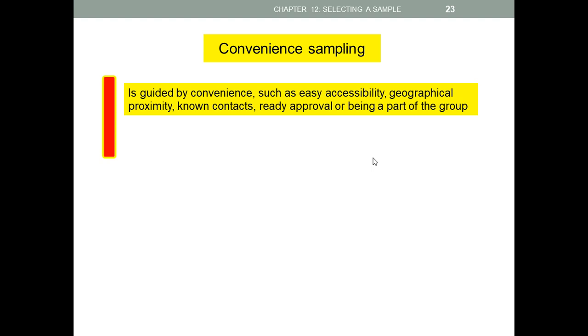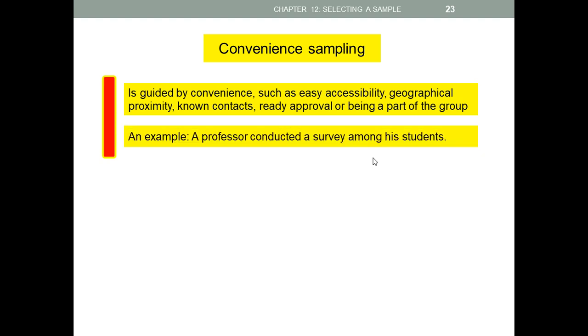I am a principal of private school A. So that's convenient. So you can see a researcher adopts convenience sampling simply because of convenience. And convenience means multiple things in this context. I don't need to restate this example.